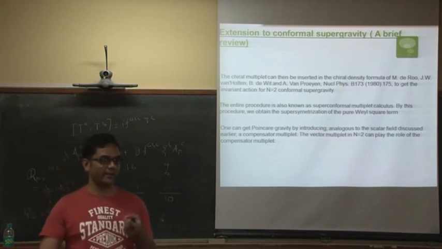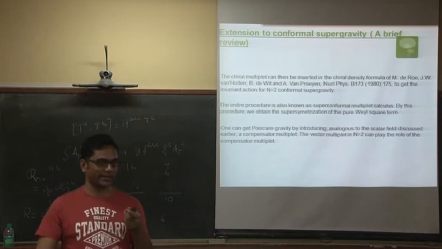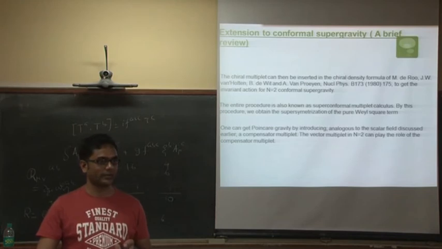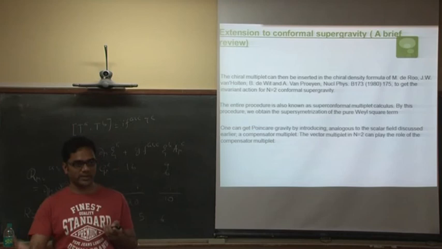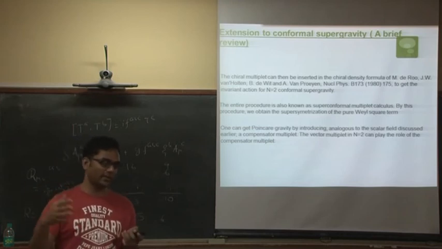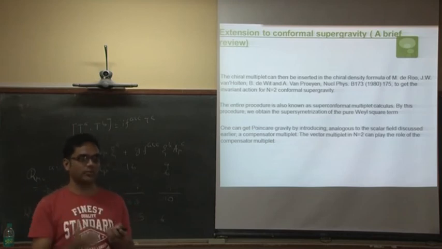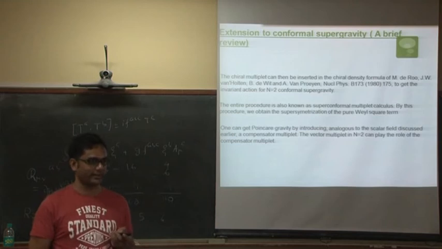In Poincare gravity we have a graviphoton, one gauge field that corresponds to the central charge generator, which we don't introduce in conformal gravity. If you want more vector multiplets in your theory, you can have them, but at least one is needed to come down from conformal to Poincare.